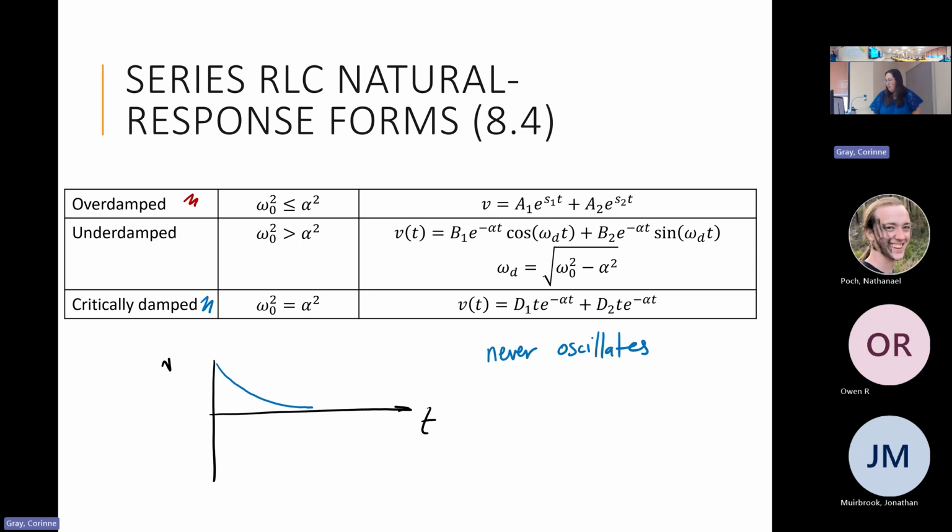I don't know why, but for that one, it's going to get down to zero a long period of time later. So it too is never going to oscillate, but it takes a long time.